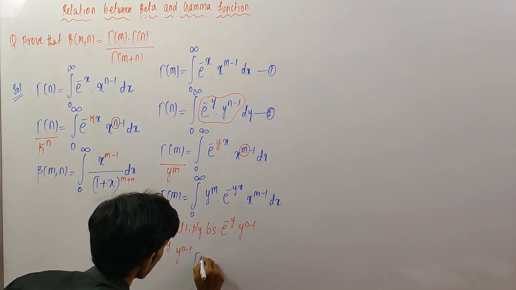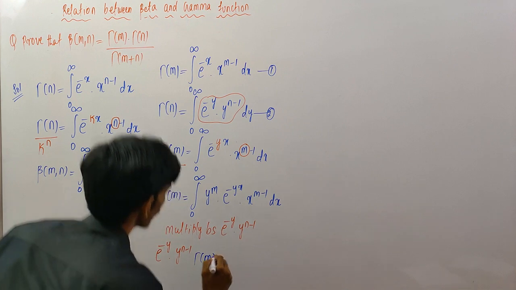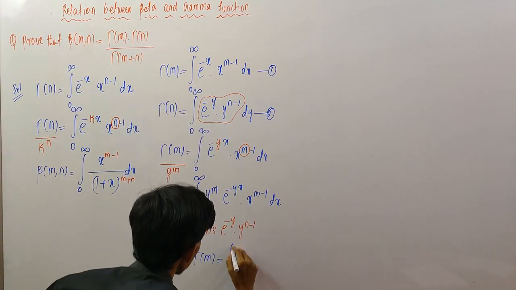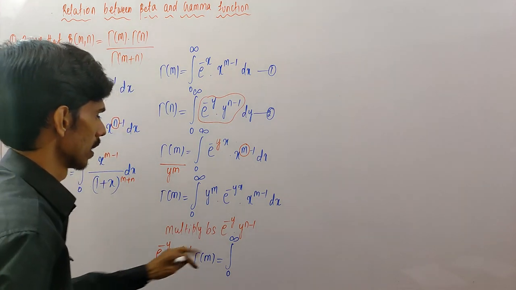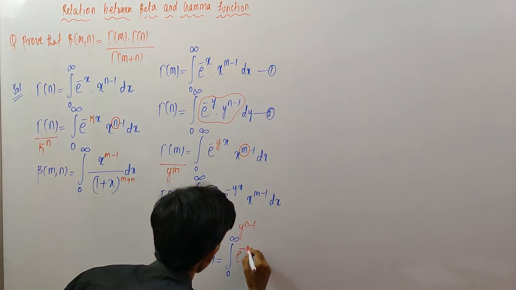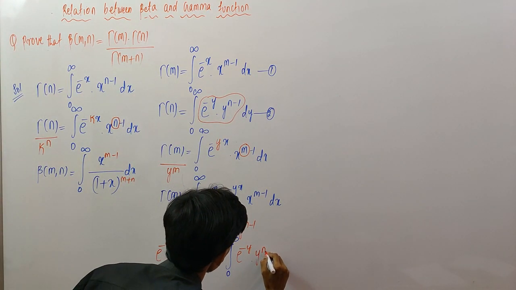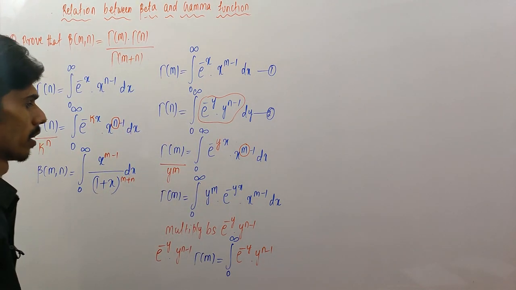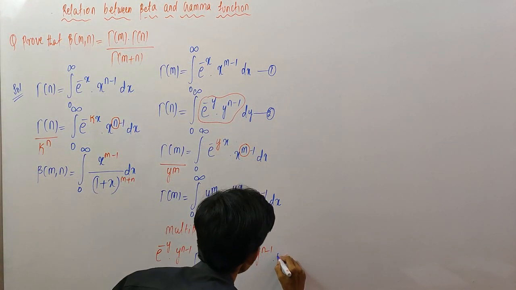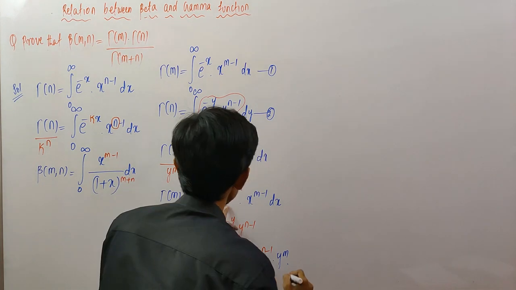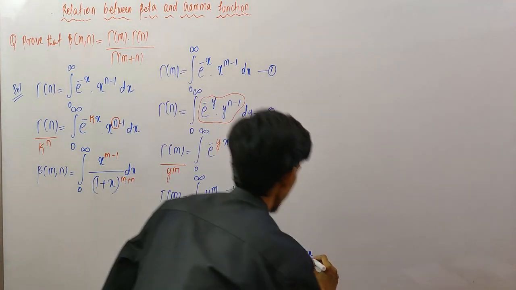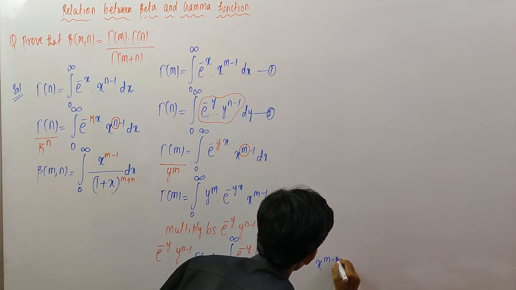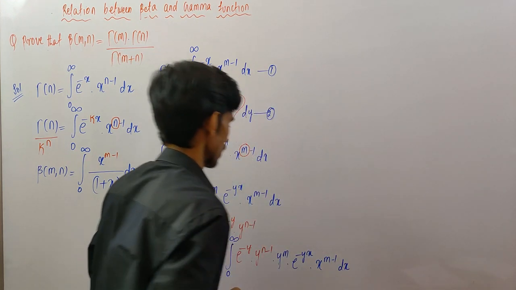Gamma of m is equal to integration 0 to infinity this term e power of minus y into y power of n minus 1. Now this term y power of m, e power of minus yx, x power of m minus 1 dx.